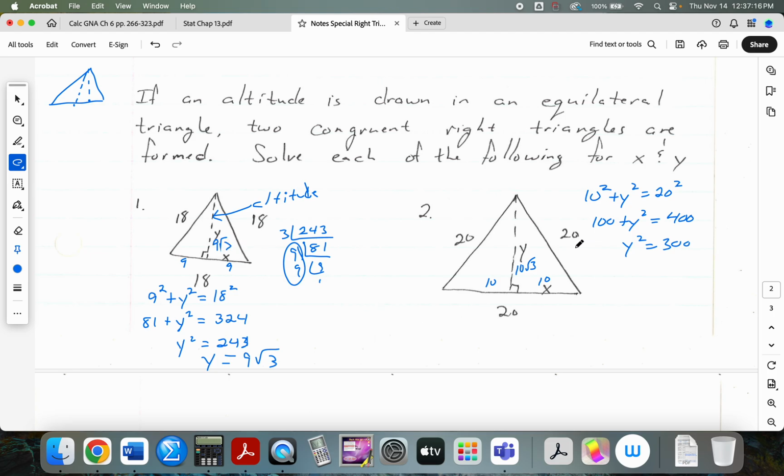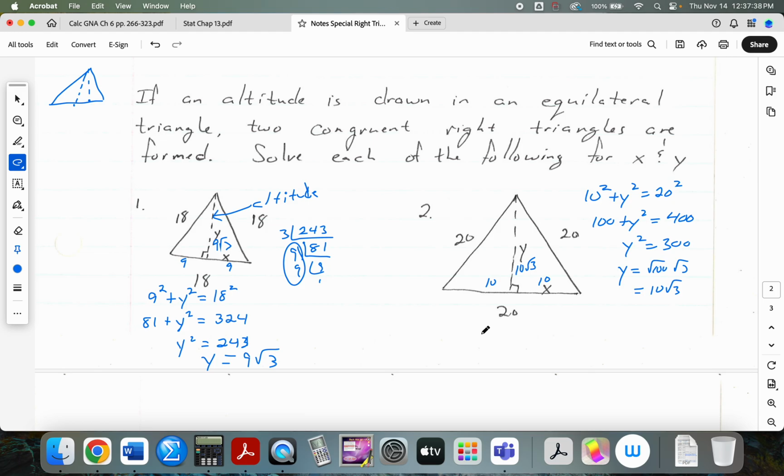This is 20, that's 10, it's half of it. And the pattern that we had over here is it was this number times the square root of 3. And it works out that it is, right? This is the square root of 100 times the square root of 3. Is it just going to be that every time? In this particular case, yes.